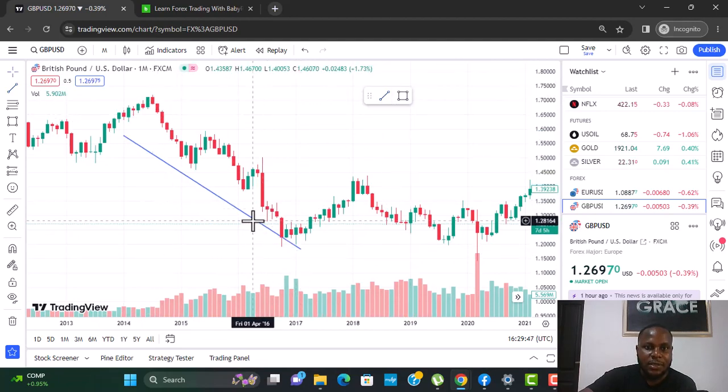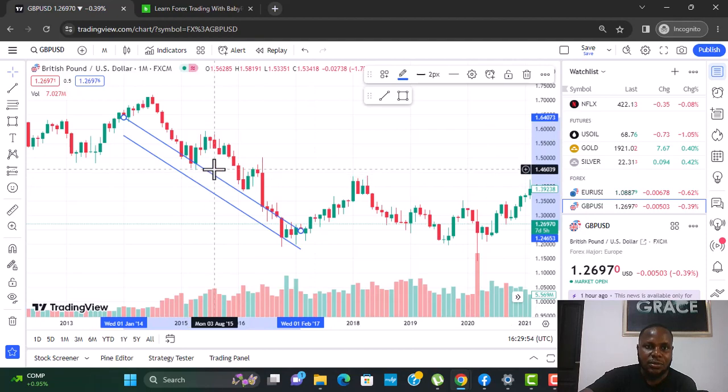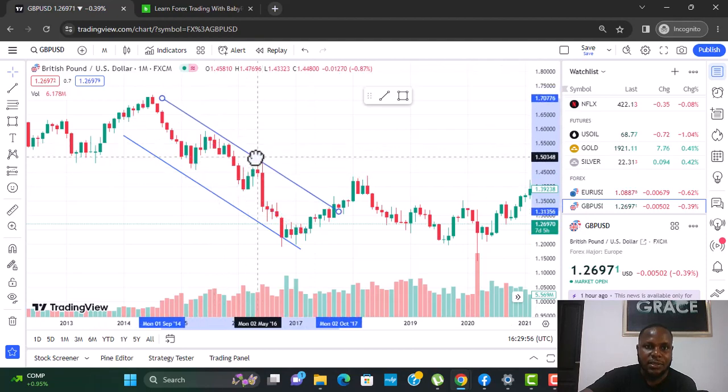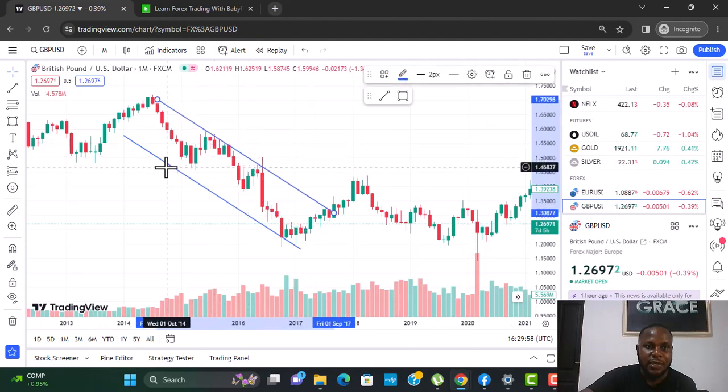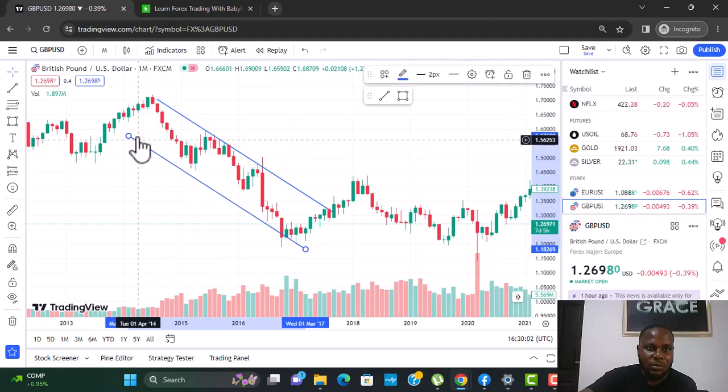So if the market is moving in this direction, it's said that the market is in a downtrend, signified by the market making lower highs and lower lows. So this is a high, it drops to this place, a low, it goes to a lower high. This high is lower than the previous high, it drops again to another low.